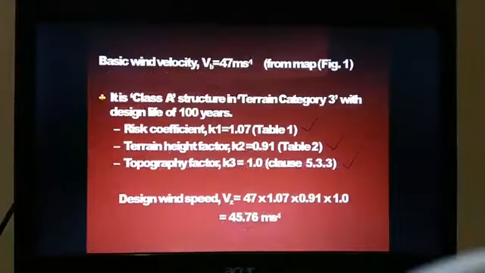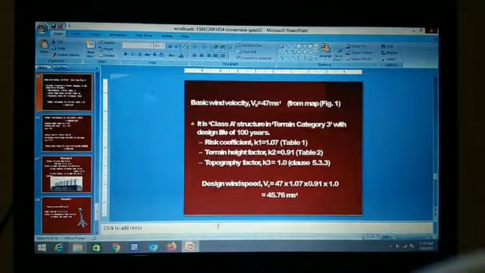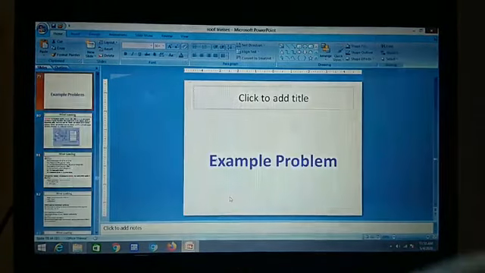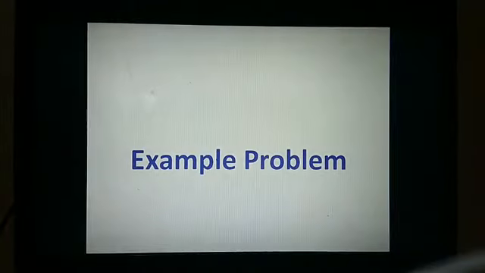That code is already provided. Explaining a problem on a presentation is not efficient, so tomorrow while discussing the problem I will explain the whole calculation of the wind force.